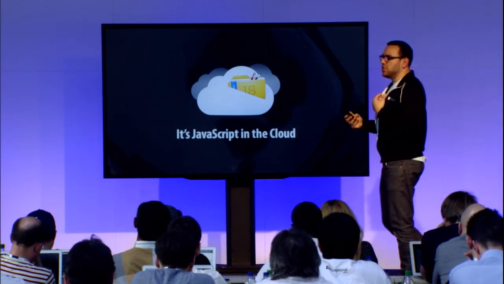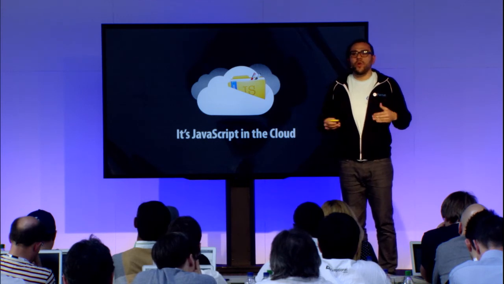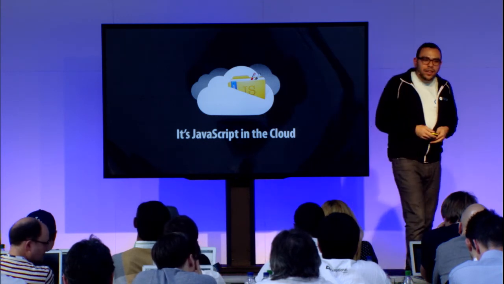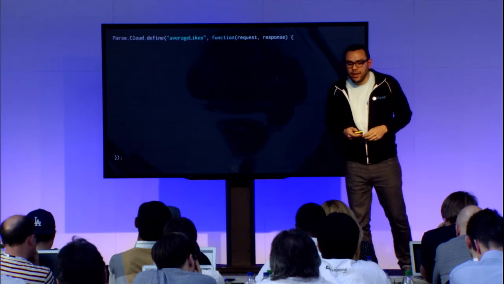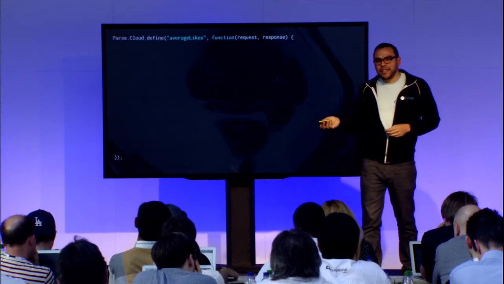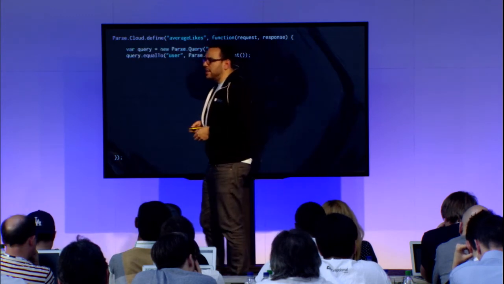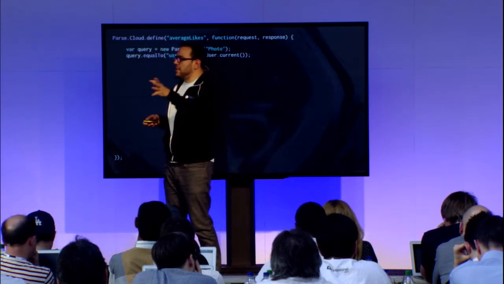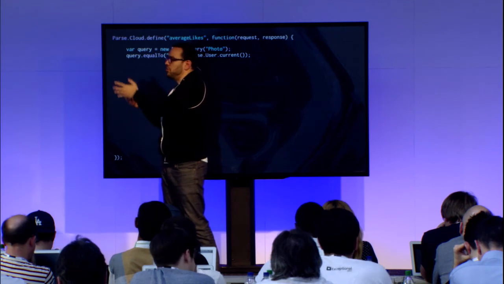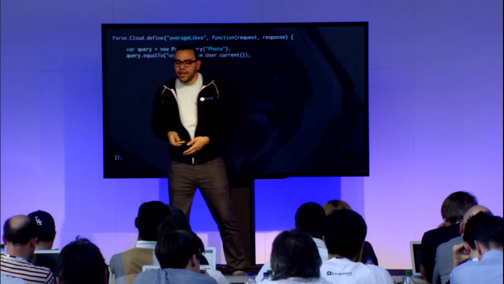You can do validations, maybe data you don't want to repeat every time in the client. So for example, let's say I want to calculate how many likes I get in my Instagram app on average. I can create a custom function called averageLikes, and as I mentioned, this is JavaScript, so you're seeing the JavaScript SDK.